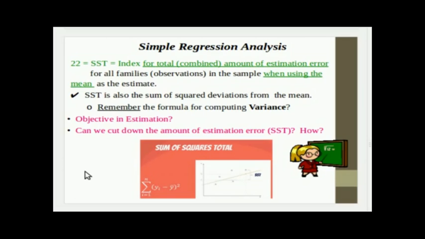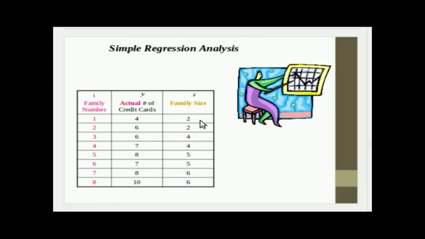On the next slide, we will consider one more parameter, that is family size, from our data set. So, from our US household sample data set, there are a total of 2 members belonging to family number 1, which holds 4 credit cards. Remember that our objective in estimation is to minimize the error and maximize the precision.